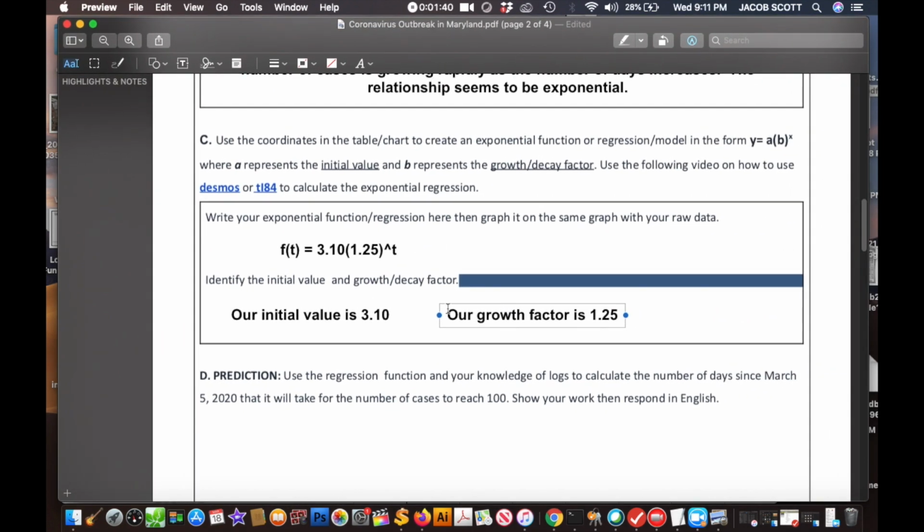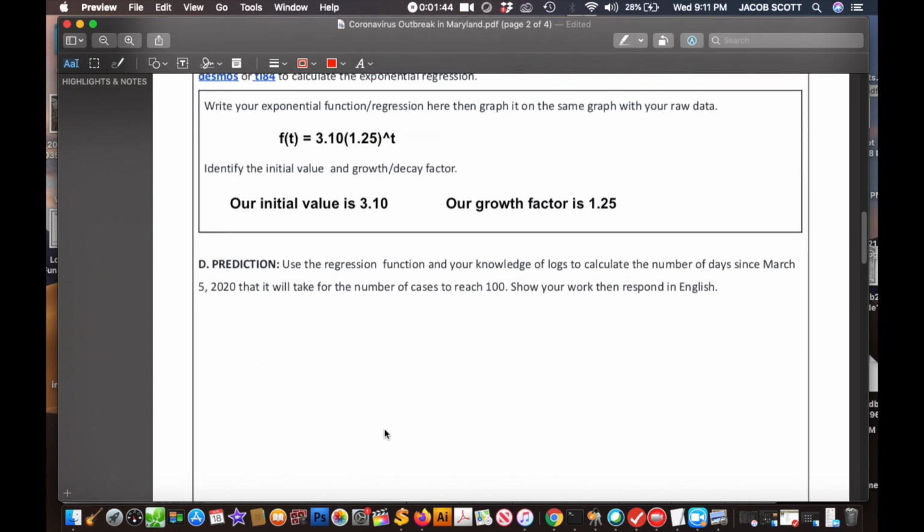Okay. Now, what else are we being asked to do? Predict. We need to do a prediction. Use the regression function and your knowledge of logs to calculate the number of days since March 15 that it would take for the number of cases to reach 100.